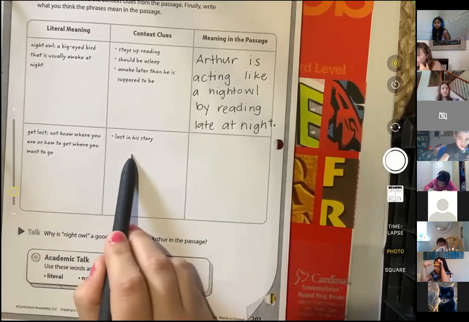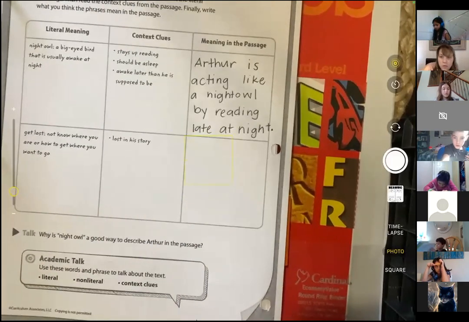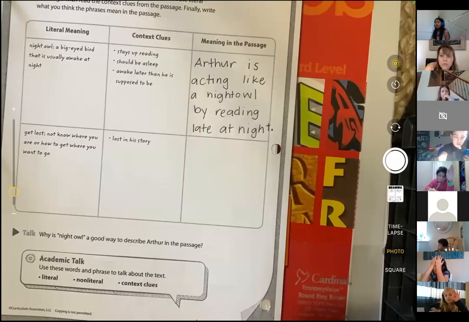So in the story, it says lost in his story. What do you think? Are we using the literal meaning of not knowing where you are or how to get where you want to go, or would you say it's the non-literal? What do you think, Trisha? I think it's the non-literal. Okay, explain a little more.